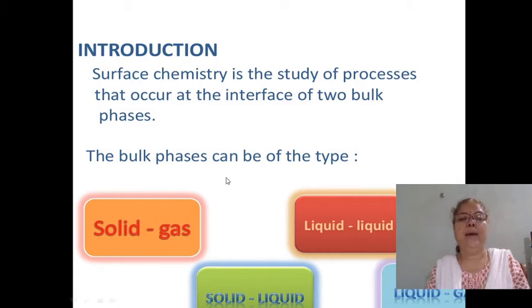And there are interfaces like the solid-liquid interface, that means the adsorption of gas on a solid surface takes place, adsorption of one liquid on another liquid takes place, or adsorption of solid on liquid takes place, and adsorption of liquid on gas or gas on liquid. These are the interfaces between the surfaces where the adsorption phenomenon takes place.